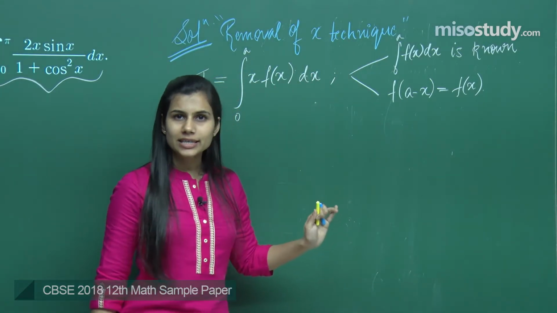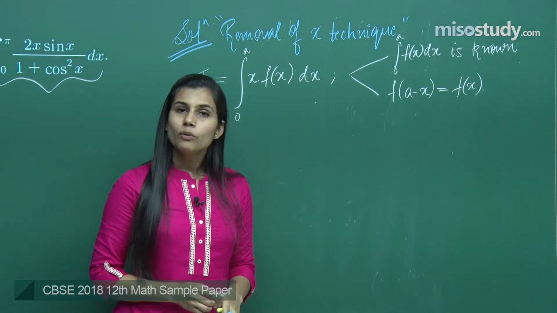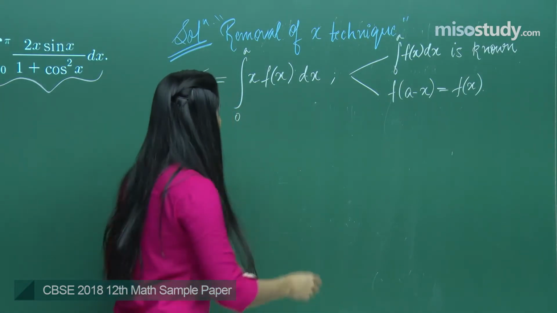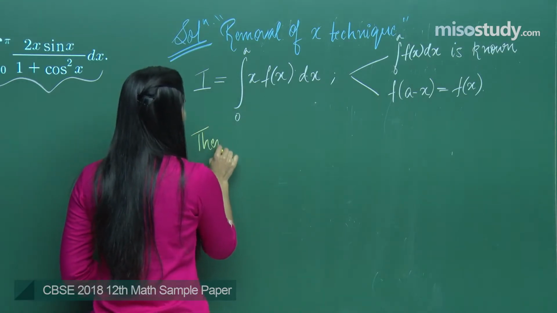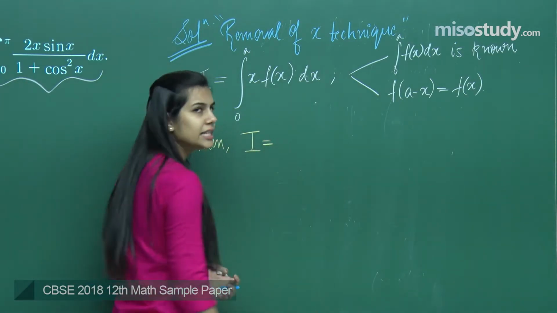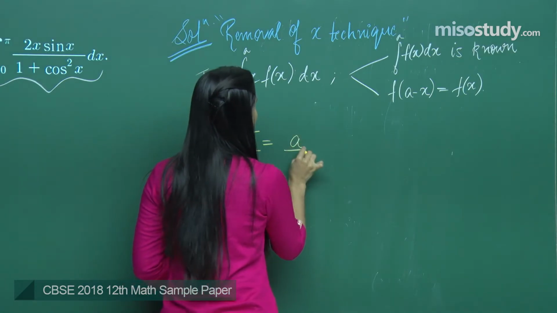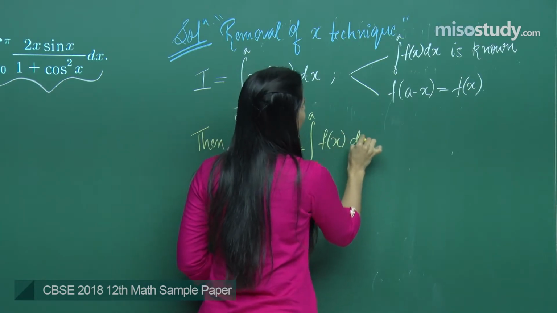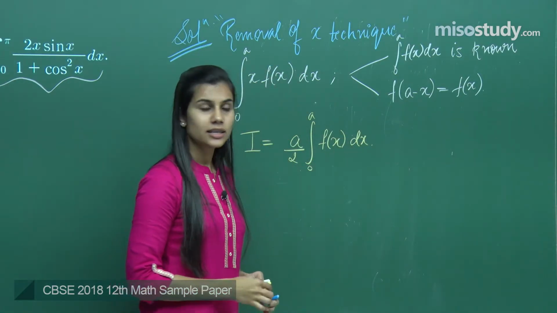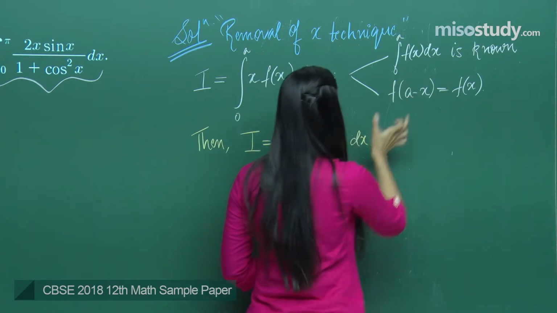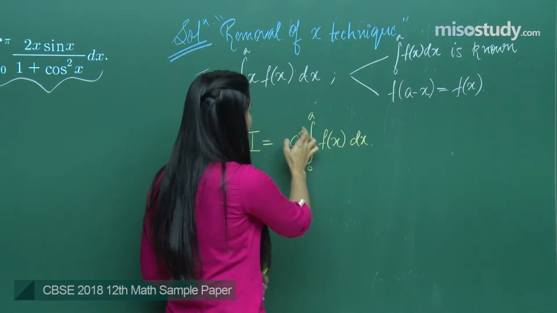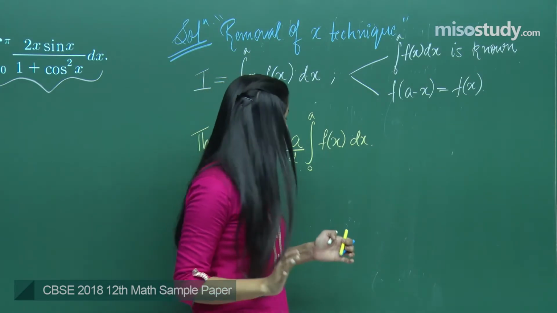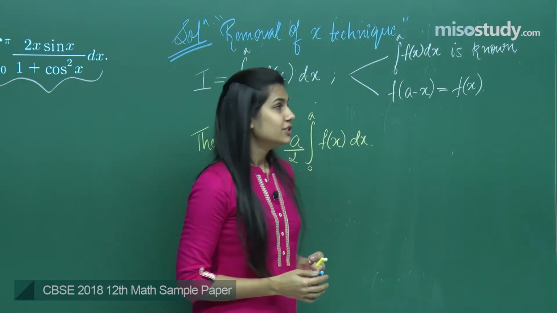Suppose these two conditions are satisfied for this integral, which is of the form integration from 0 to a x into some function. Then directly the value of this integral is a by 2 times integral from 0 to a f(x) dx. And this thing you will be knowing from here. So you just need to plug in that value, multiply it by a by 2 and you have your answer. That is how easy this question is.